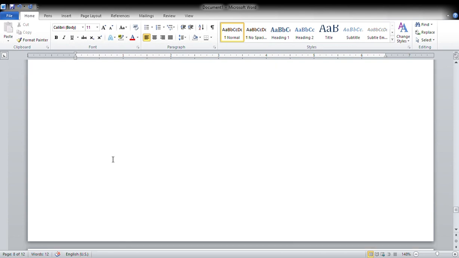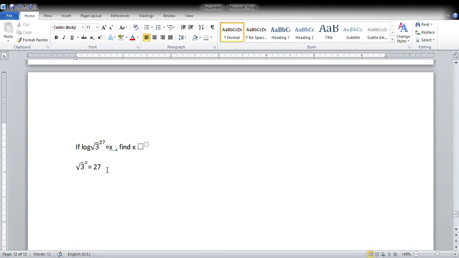So we can write root 3 to the power x is equal to 27.